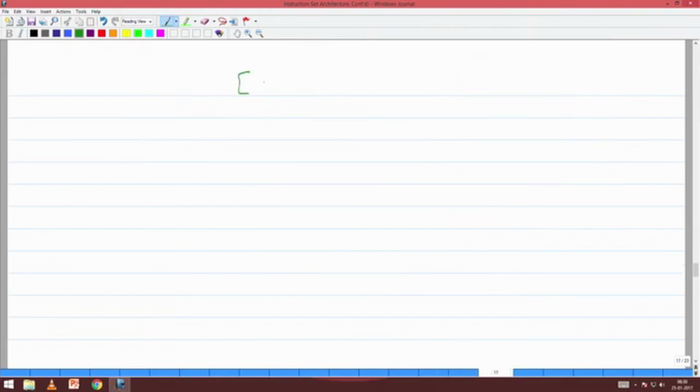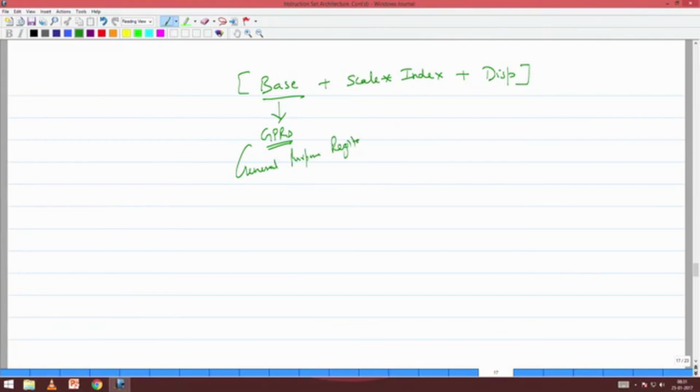Intel could have base plus scale into index plus displacement, and this can go up to a 32-bit displacement. For base you can have any of the general purpose registers, we call them GPRs.